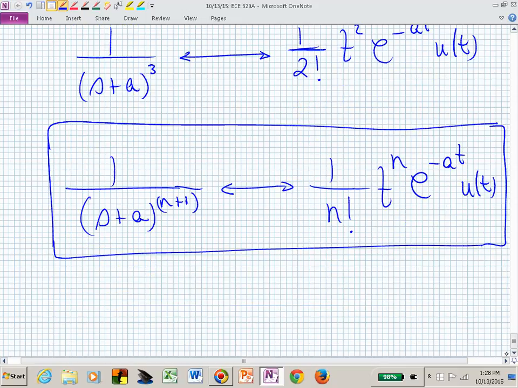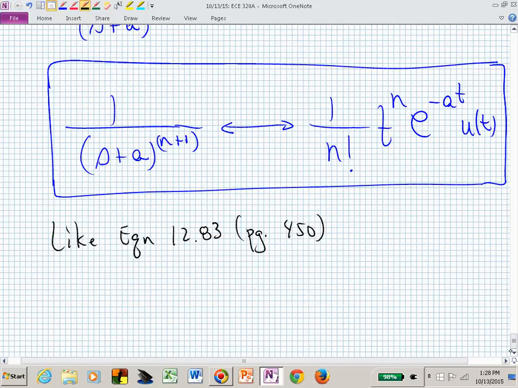And you might see that a different way in your book. This is like equation 12.83 on page 450 that's now writing it a little different.